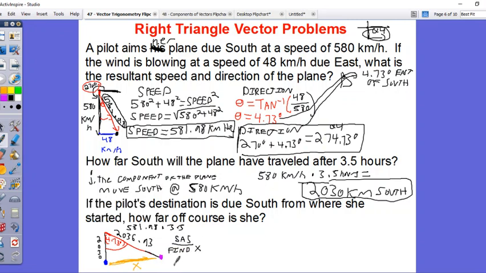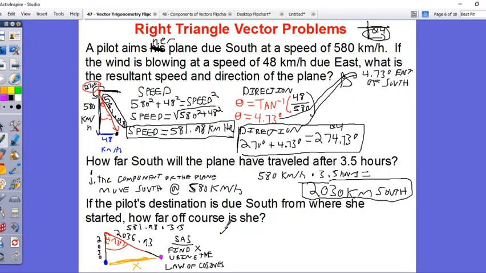Find x using the law of cosines. All right. So for law of cosines, we have our non-included side and included angle, the side we need to find.